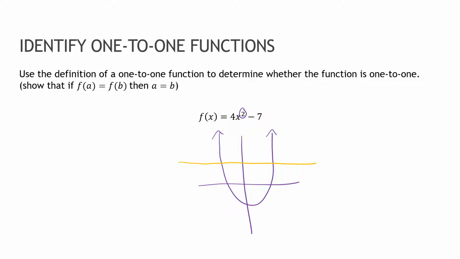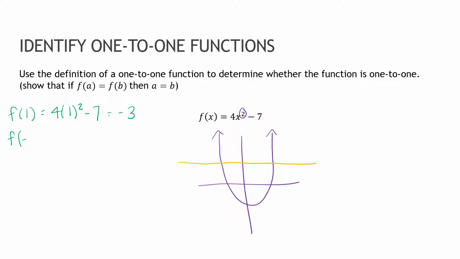horizontal line test. Another way that you could go about it more mathematically, if you had to show work to show that it's not one-to-one, you could plug in, say, 1: 4 times 1 squared minus 7, so this would be f of 1, and that would be 4 minus 7, which is negative 3.